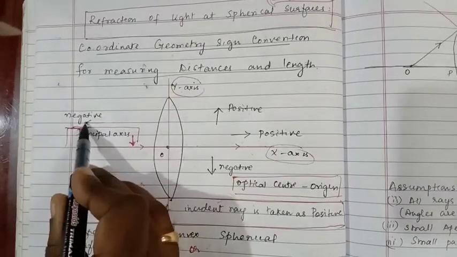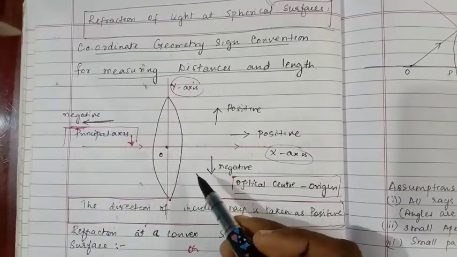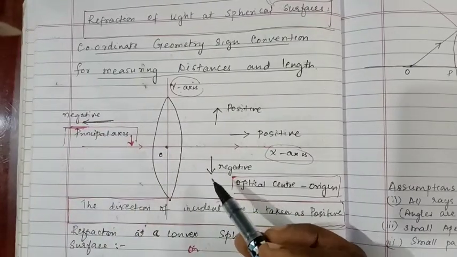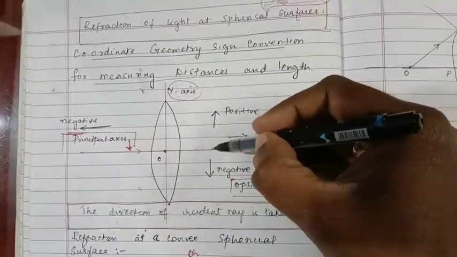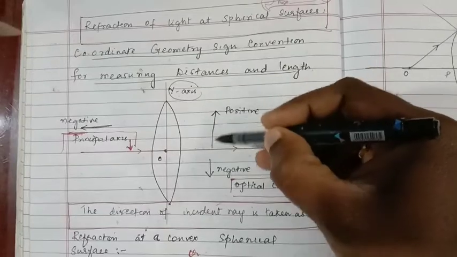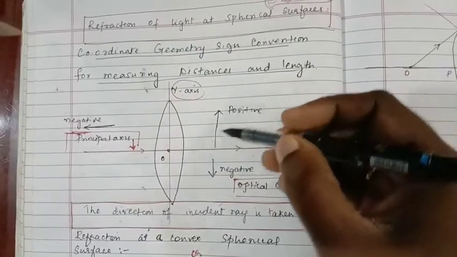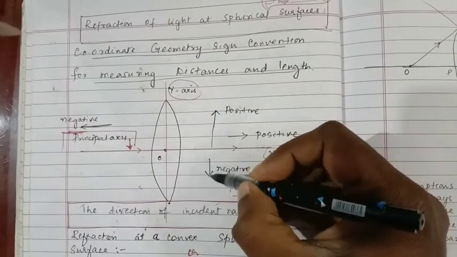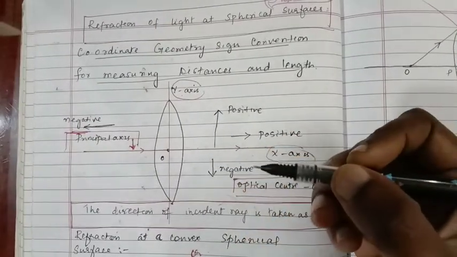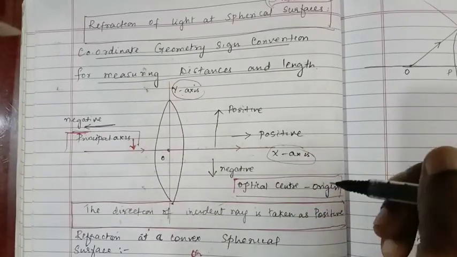The distance measured upward from the principal axis is taken as positive, and those measured downwards are taken as negative. This is coordinate geometry sign convention.